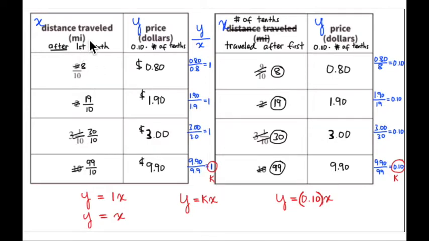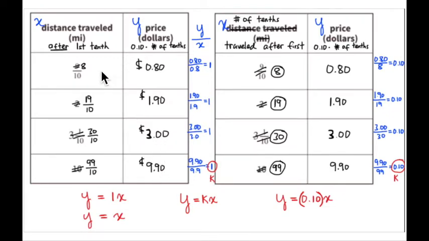So the number of tenths after that first tenth. So this is 8, not the number of tenths, it's the mileage after that first tenth. And that's the difference right there. So this is 8 tenths, this is 19 tenths, this is 30 tenths, and 99 tenths. The right side is the same in both tables. So you pay 80 cents, $1.90, $3, and $9.90.